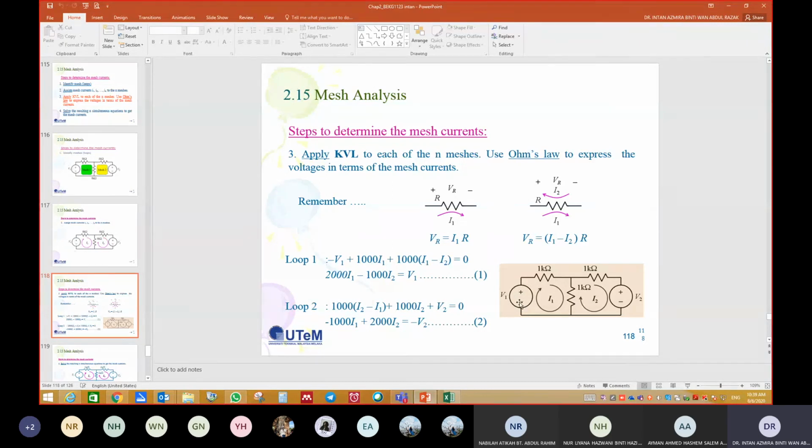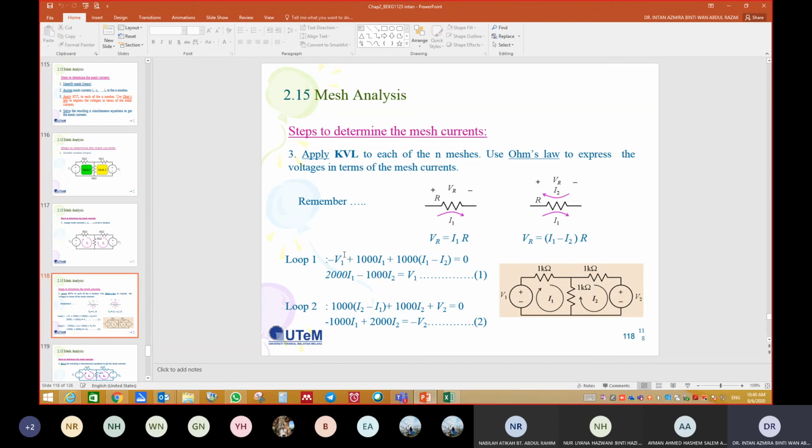So take minus V1. Okay, because we first meet the negative, so negative V1, and then plus, this is plus and minus, okay, of voltage drop, plus.